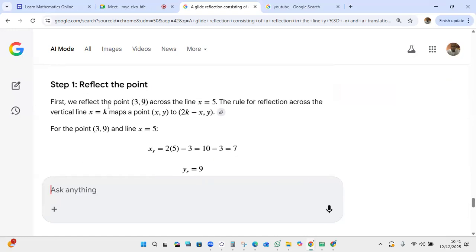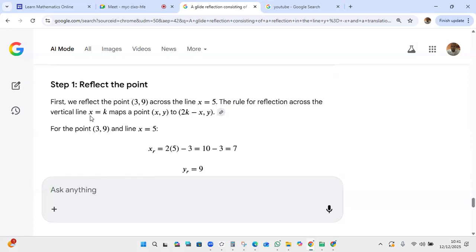So first we reflect the point 3,9 across the line x equal to 5. The rule for reflection across the vertical line x equal to k maps the point (x,y) to (2k minus x, y). Okay, you can see the similarities, right? The y will remain the same, but the new x is going to be 2k minus x, yes?